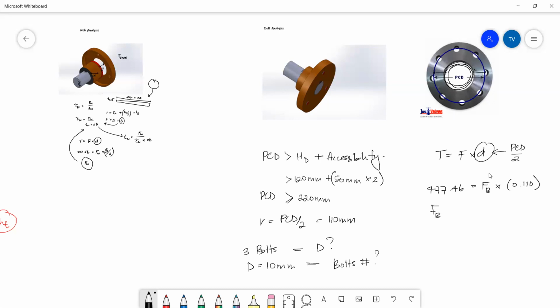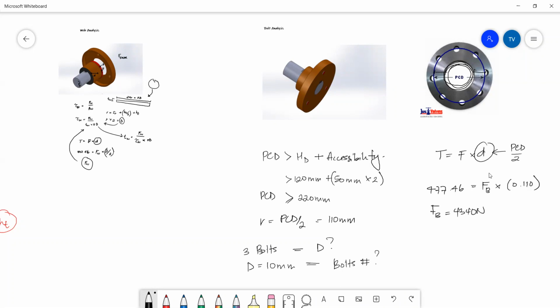So our force on the bolts will be around 4,340 newtons.